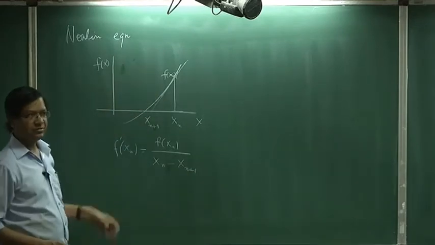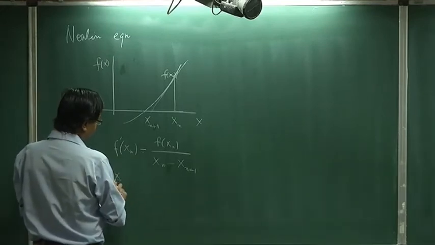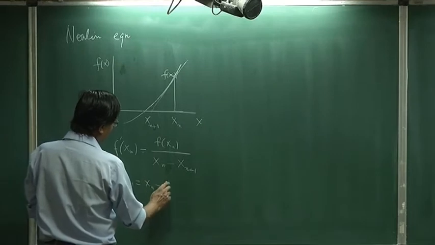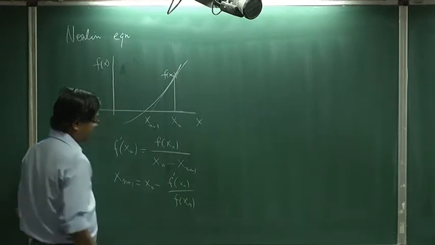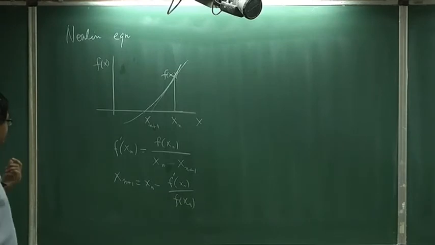So from here, with a bit of algebra, I can get xn plus 1 equal to xn minus f of xn divided by f prime of xn. So we iterate it; it is faster, but you need to compute the slope.